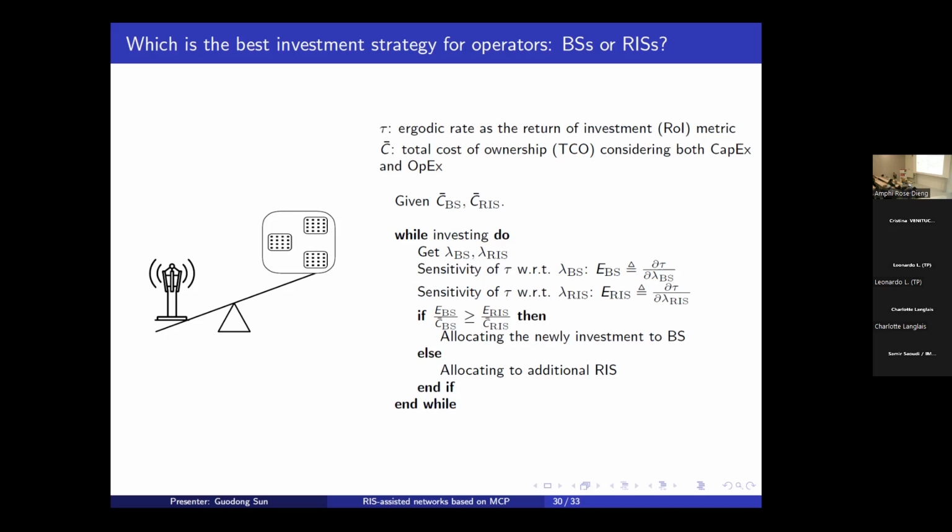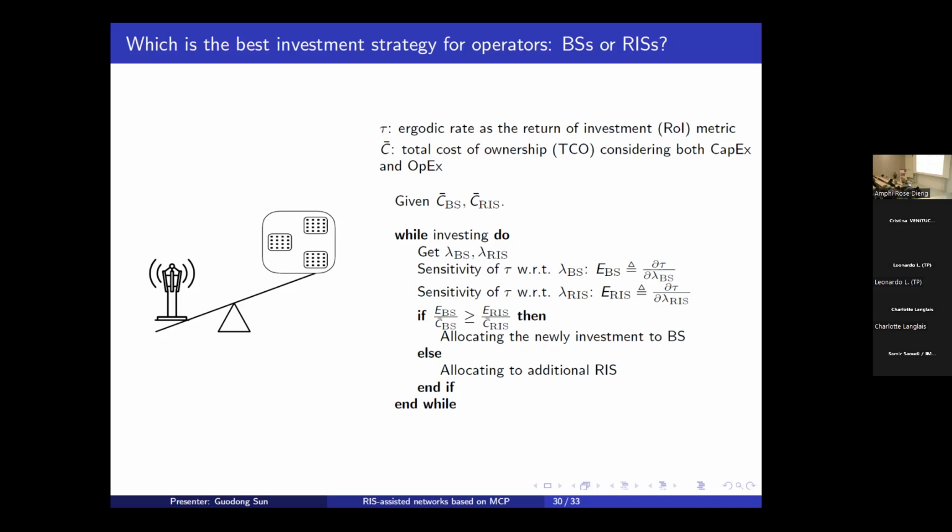Given this number, when we're trying to solve the investment problem, we analyze the overall network. What is the density right now, the density of base stations, the density of RIS. Then we compute the sensitivity of the ergodic rate with respect to the change of base stations or RIS.